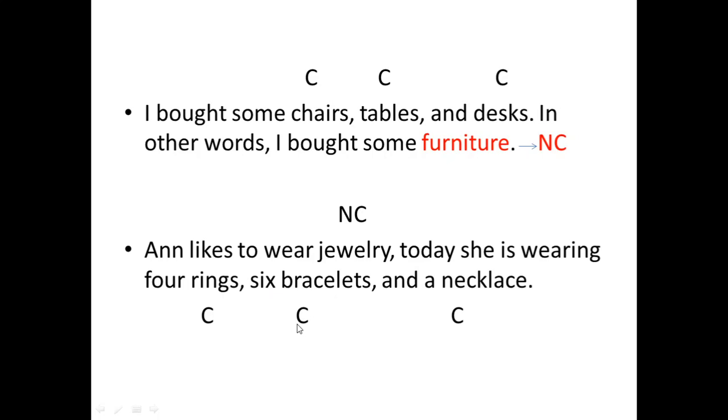This is, again, your countable noun. We can count it, okay? And a necklace. A necklace means 1 necklace, okay? We added an a. Remember, we can add s and a or an to countable nouns. Remember that, okay? So a necklace is countable also.